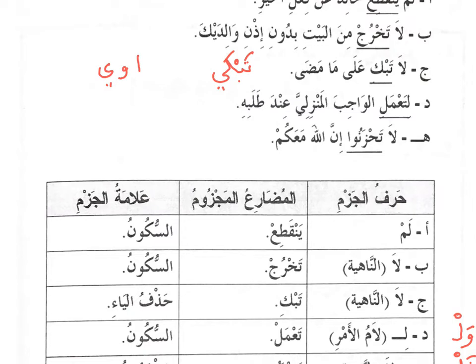If we look at the table, when a fi'l mudari' which ends with alif, waw, or ya is in the state of majzoom, we do hazful ya, we remove the ya. Well, actually it is not hazful ya. It is hazfu harfi al-illah, to remove the problematic letter, which is one of these three letters: alif, waw, and ya.